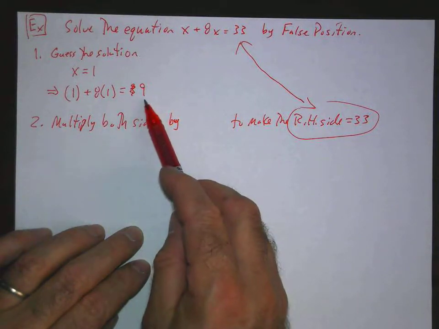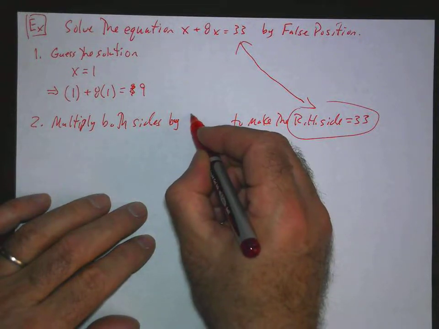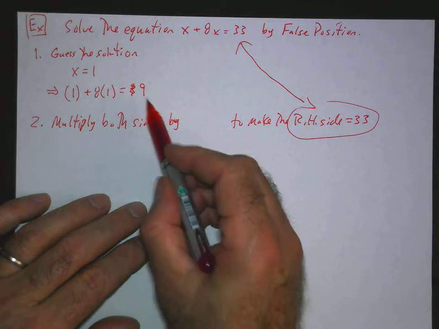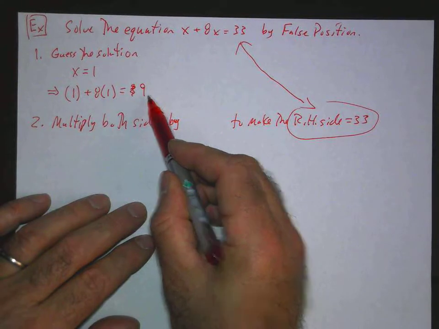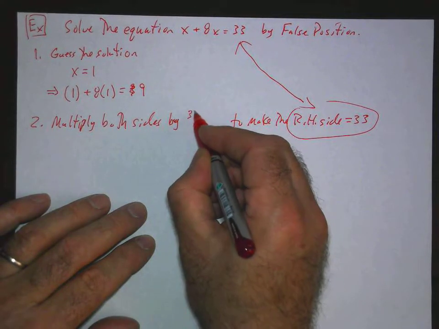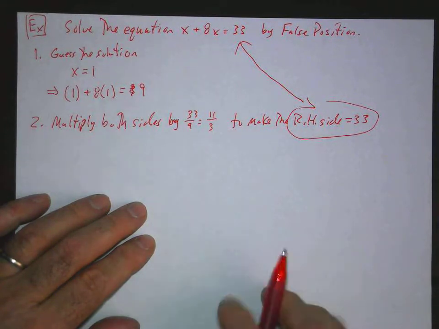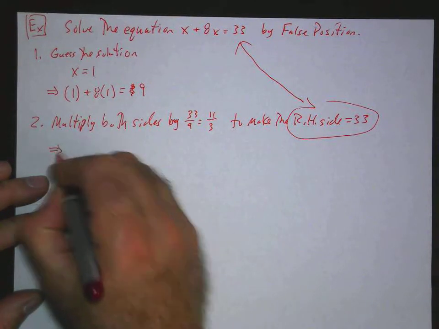If I multiply the right-hand side by 1/3, that gives me 3, and then multiply by 11, I get 33. Okay. So essentially, I'll tell you what. Divide both sides by 9. That'll make this a 1, and then multiply by 33. So 33 over 9, but that's 11/3. Okay. So multiply both sides by 11/3.